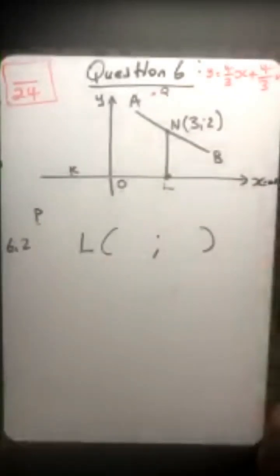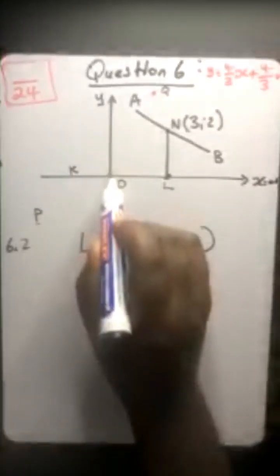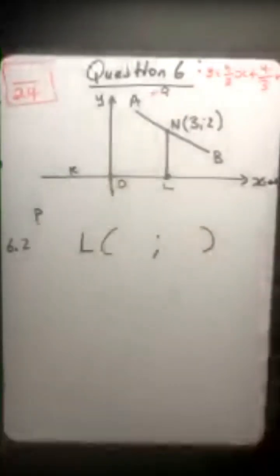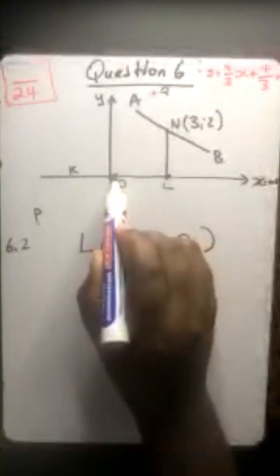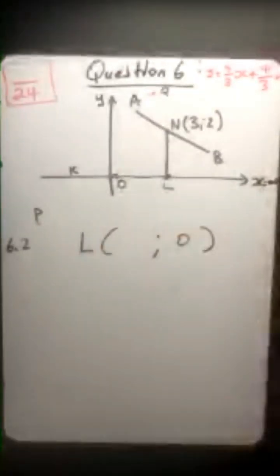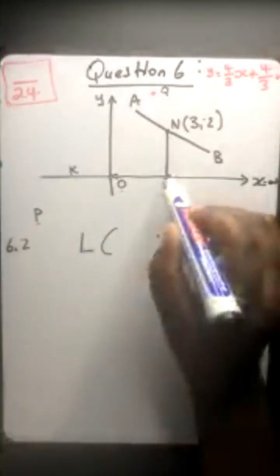We know very well that if a point is on the x-axis or the y-axis, automatically something is 0 there. If it's on the x-axis, its y value is 0. What we might not know is the x value at that point.